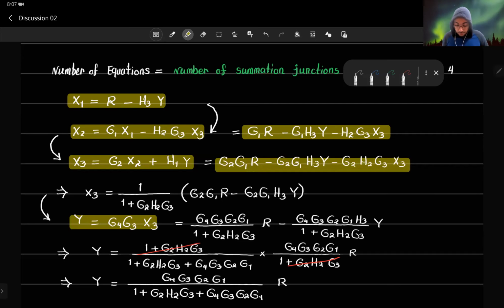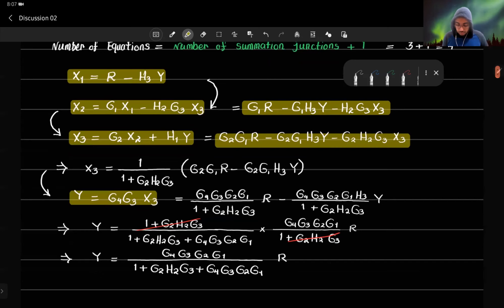Now we have an equation that contains x3 on both sides, so we solve for x3. Basically, we move this term to the right-hand side and take x3 as a common factor. Then we divide by the coefficient that multiplies x3, and we get this equation here.